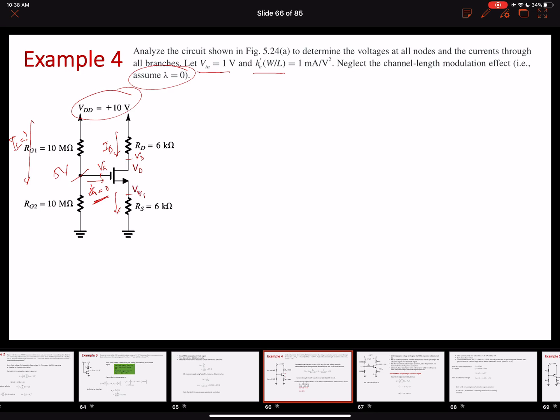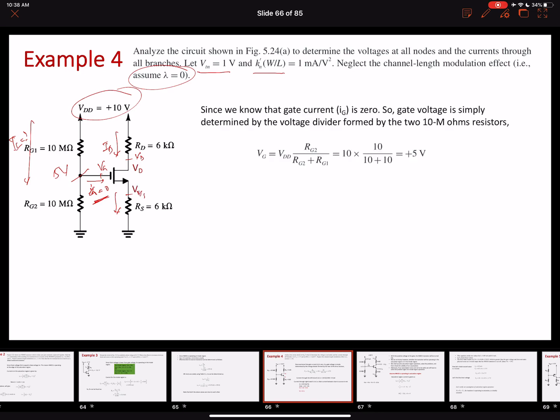You can also write the voltage divider equation: the gate voltage across RG2 is VDD times RG2 over RG1 plus RG2, which comes out to be 5 volts. Otherwise, if the resistances are equal and in series, the potential drop across them will be equal. So we found the value of 5 volts.